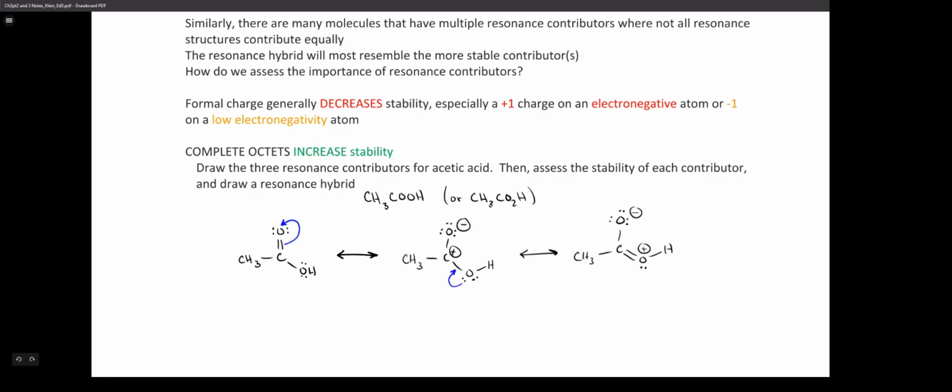Number one, in terms of importance, the best resonance structures give all atoms octets. That should be your first rule.